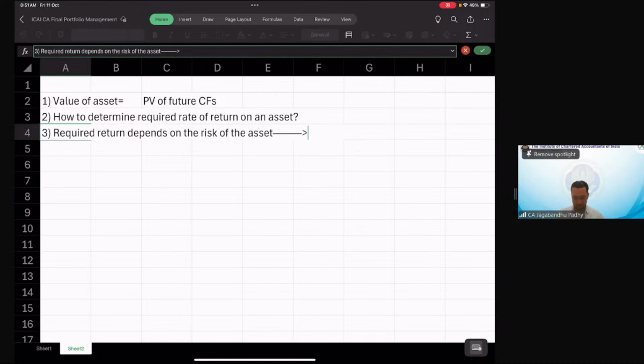What's the simple principle? A high risk asset will be valued using a higher cost of, or I can say using a higher discounting rate.